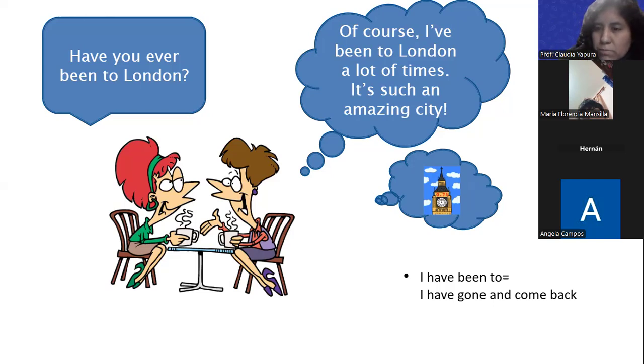So when a person goes and stays in one place, we use the verb go. But if you go to one place and now you are at the place that you live in, you're going to use be. I have been to, remember, is you go and come back. And if you say I have gone, it's because you went there and you are still there.